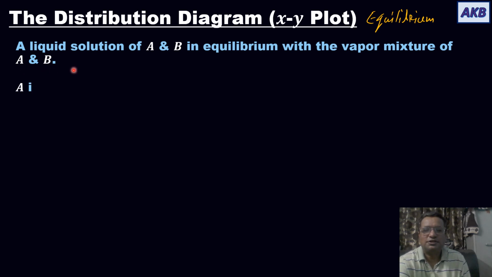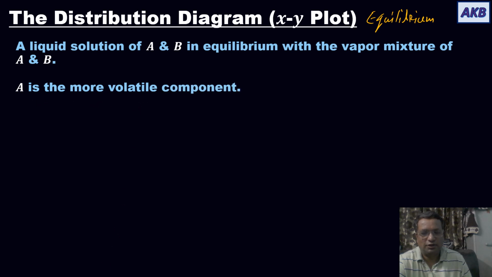Out of this A and B, A is the more volatile component. What is the meaning of this? A has lower boiling point and it has higher vapor pressure.